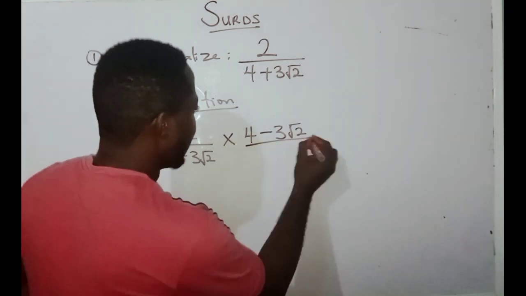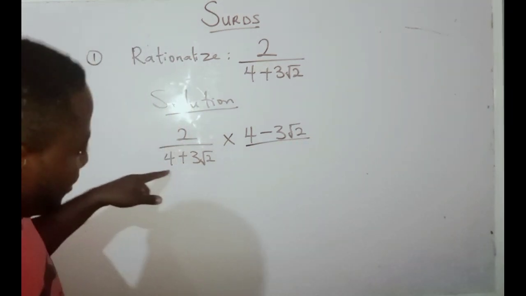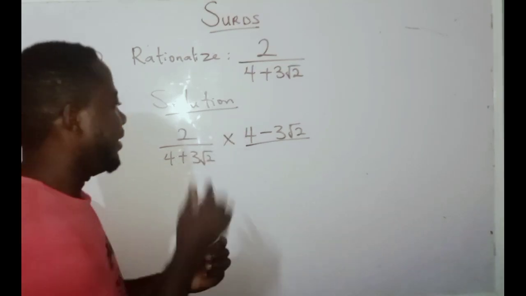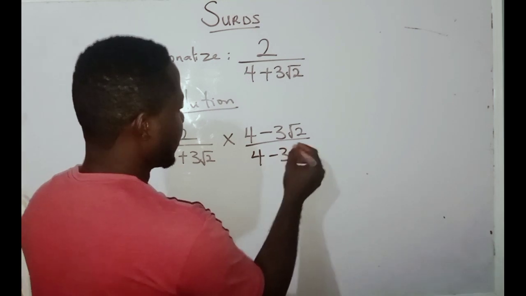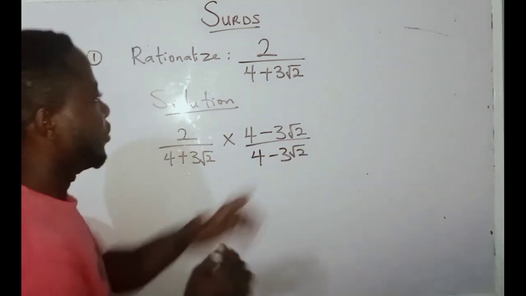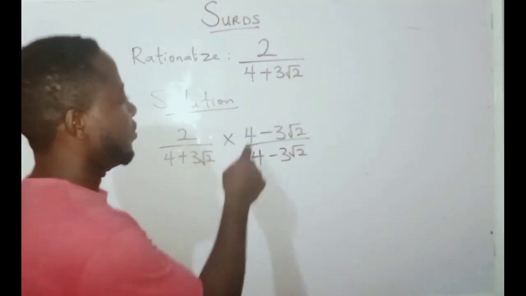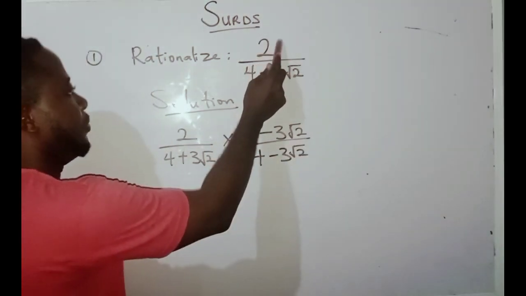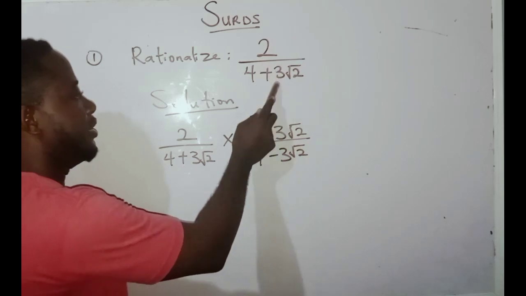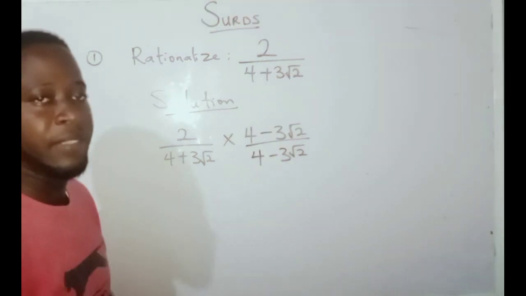So we are going to use the conjugate of this denominator to multiply both the numerator and the denominator. Once again, we use 4 minus 3 root 2 to multiply the numerator and also the denominator. That is what we have done here.